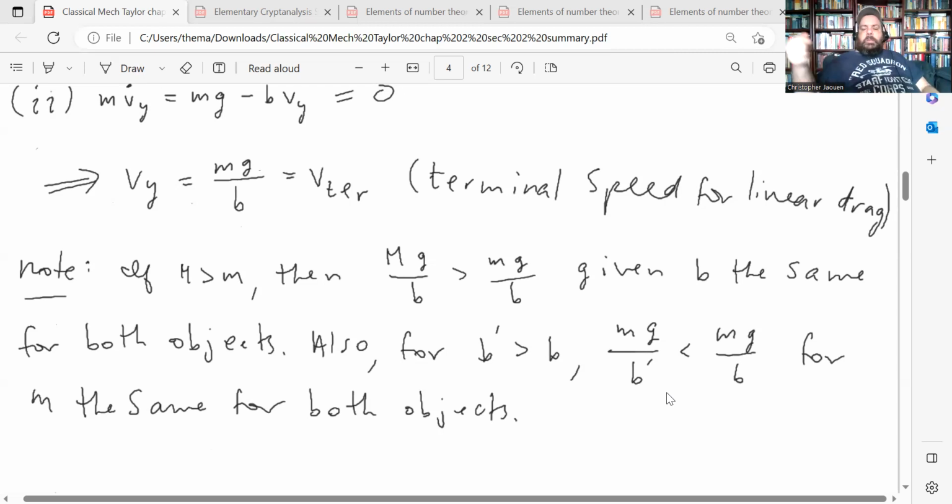If you drop a sheet of paper versus a marble, and if they have the same mass, let's say, obviously the paper is going to eventually fall at a slower velocity than the marble, not because of the weight, but because the cross-sectional area is greater for the piece of paper, if that makes sense.